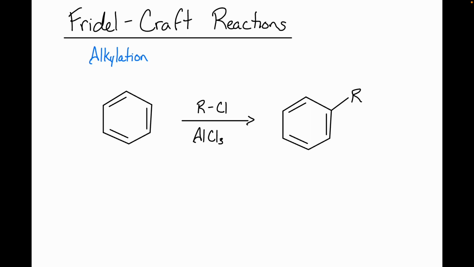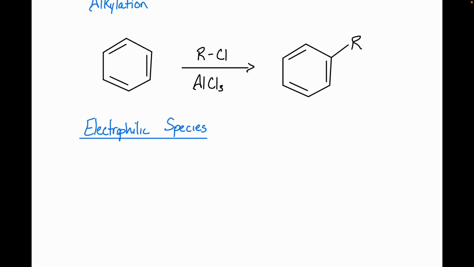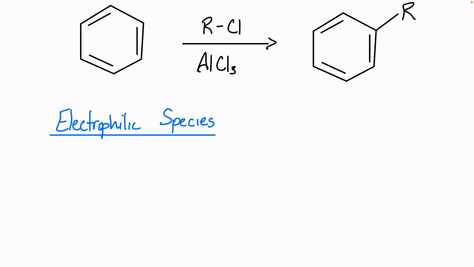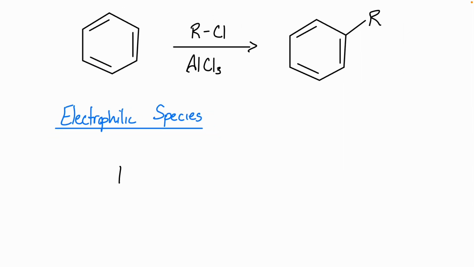Okay, and so our actual electrophilic species here, let's see if we can't figure it out based on what we learned before about these aluminum chloride catalysts here. So I'm just going to take the simplest possible R group that we can have, a methyl group. So chloromethane here.